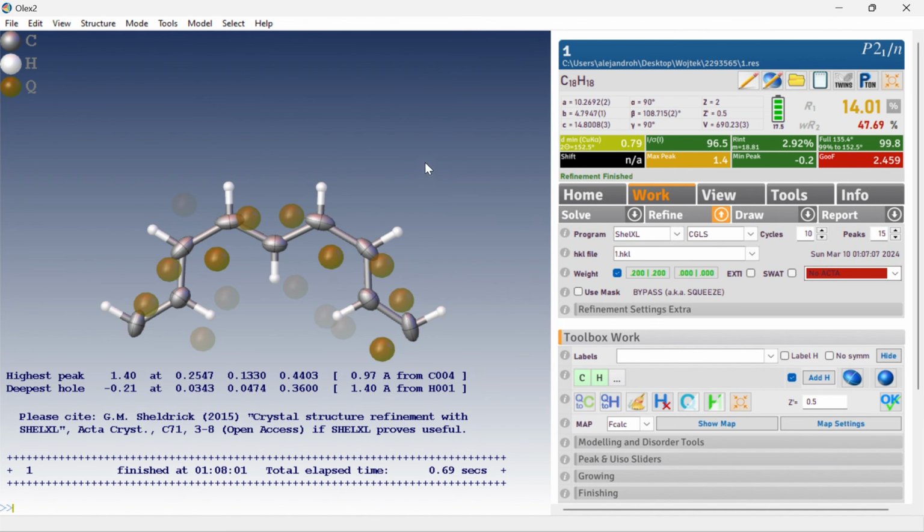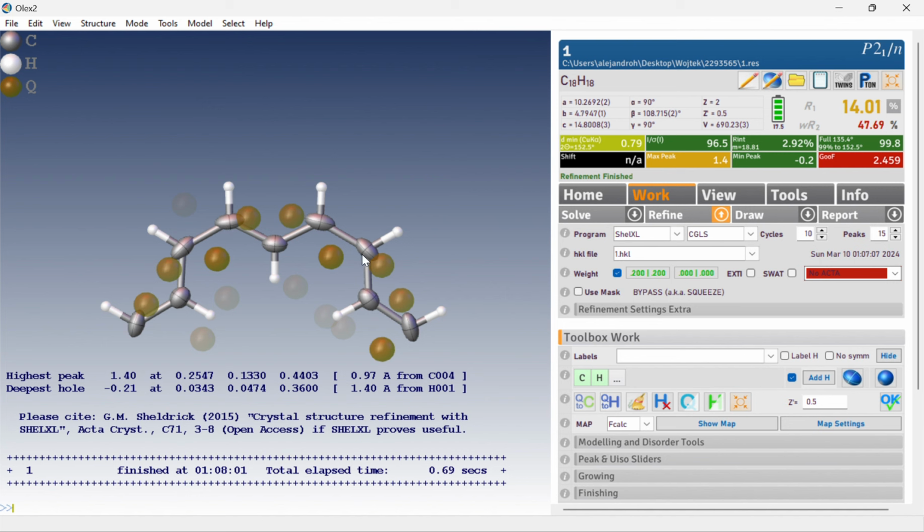So something is happening here, and the thing that is happening is disorder. Now, if you follow these strongest Q peaks, you can see that basically they draw together a similar carbon chain to our main 18-annulene chain here, right?